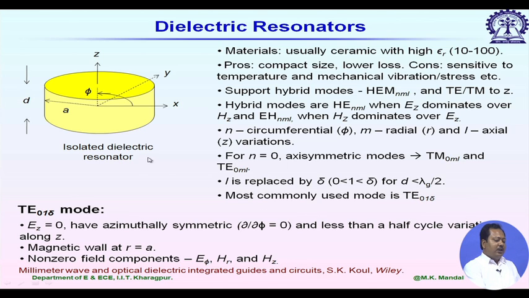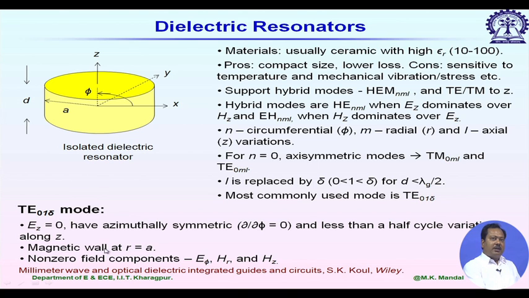So, TE 01 delta mode is an axisymmetric mode. We do not have any variation along phi, we have only one extrema along radius, and along Z the dimension is less than lambda g by 2.